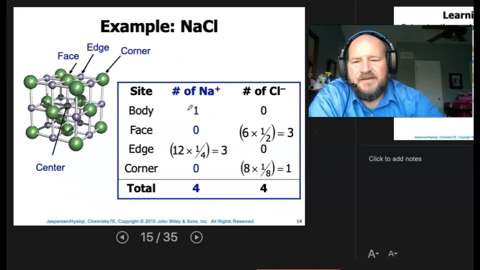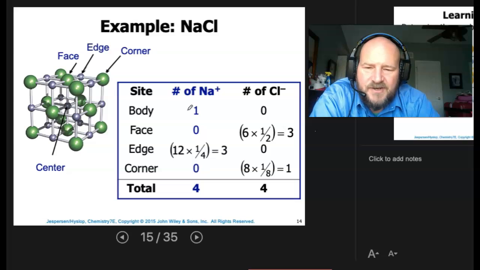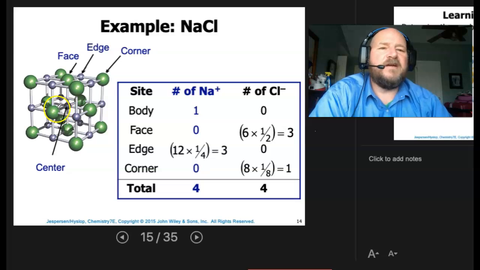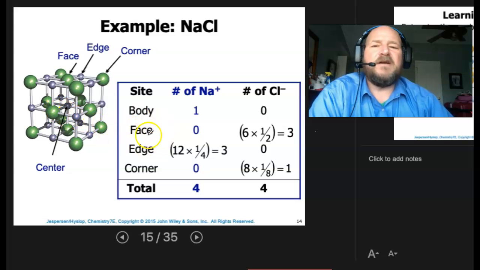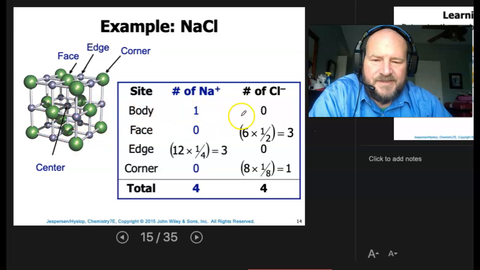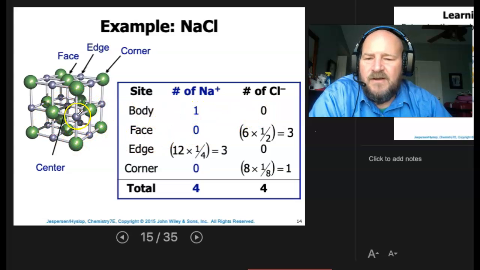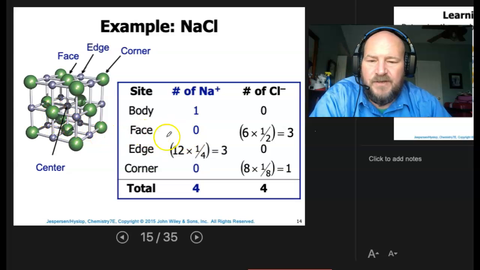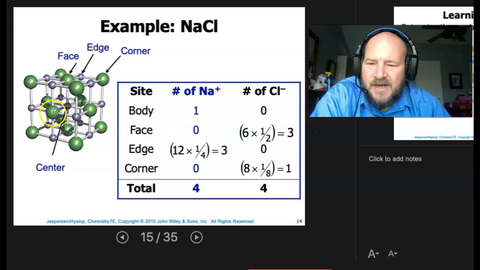So now if I want to look at a sodium chloride and I start counting up my cells, for sodium we see one we have right in the center. So we have a body center that gives us a count of 1, but there's no chlorines in the cell. On the face, we have no sodiums, so that's going to be 0, but we do have 1, 2, 3, 4, 5, 6 chlorines, each one worth a half.